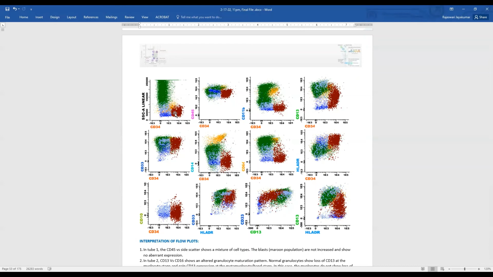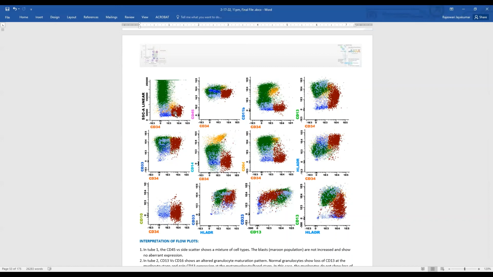Now, coming to monocytes, monocytes can have aberrant expression of CD11, CD117, or they can have expression of CD56. Again, there can be asynchrony in their expression. Asynchrony in the expression of both granulocytes and monocytes, in a sense, as they mature, they should lose some markers and gain some markers. For example, myeloids, when they mature, they lose 117 and they gain the more mature markers like 15.